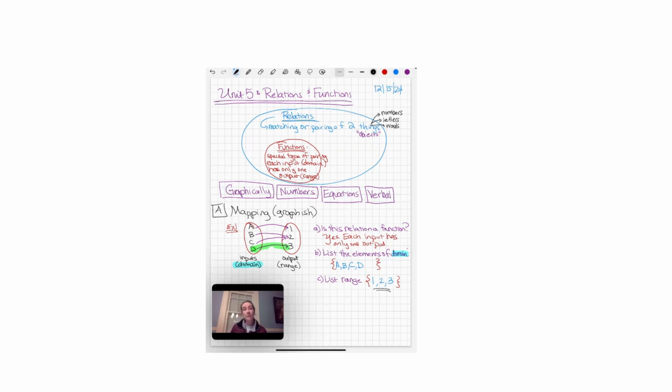Okay, I want to take a peek at another one of these mappings. So in a second, I'm going to scooch to the next page. We'll call this one example 2. Ready to go? Oh, there we go. Example 2 is another mapping.